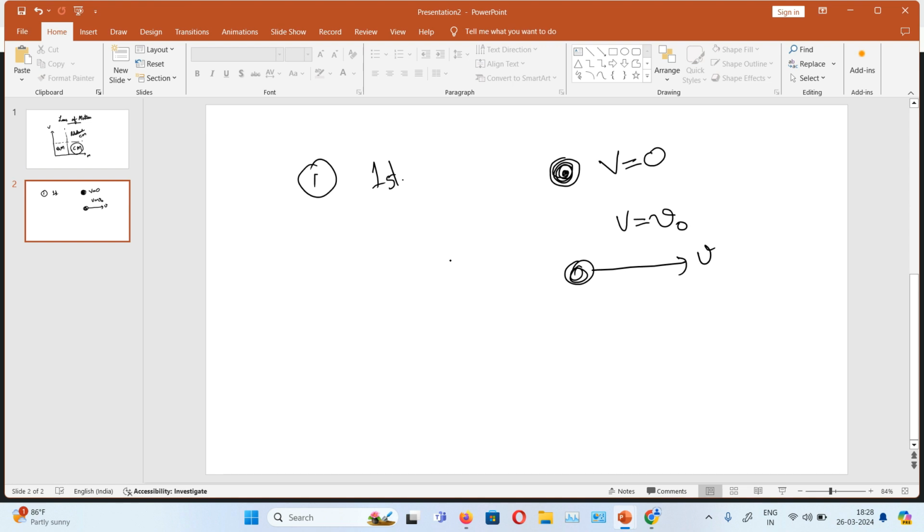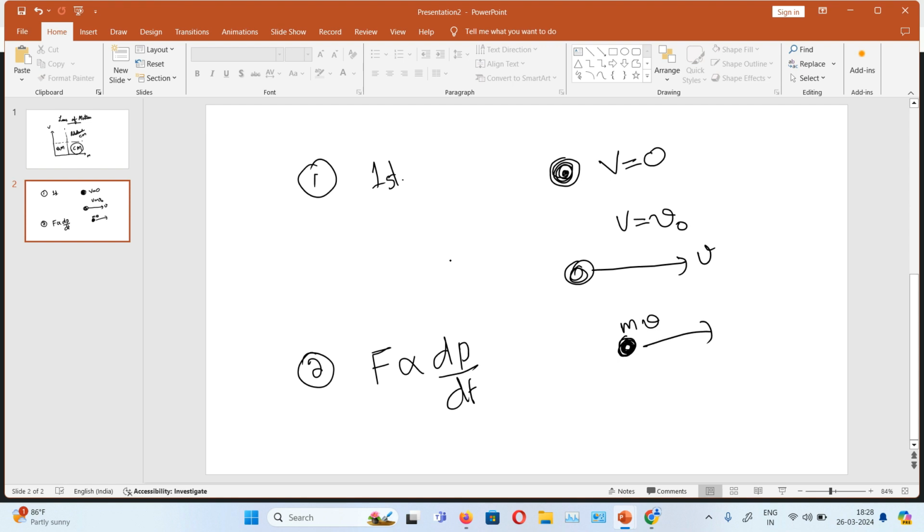Now the second law of motion tells us how to quantitatively define the force. Newton defined that the force is directly proportional to the rate of change of momentum. What is momentum? In the classical manner, momentum is mass into velocity.